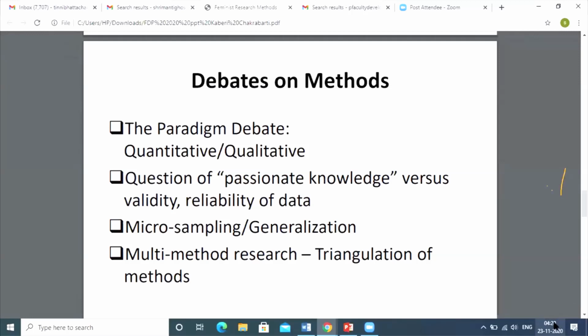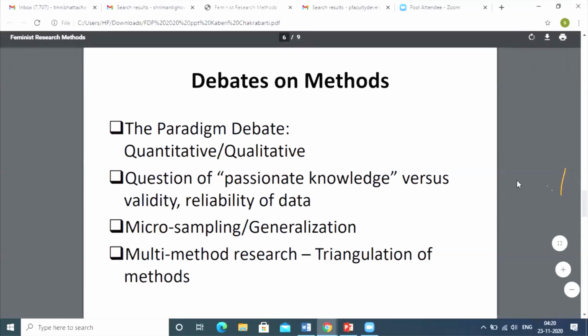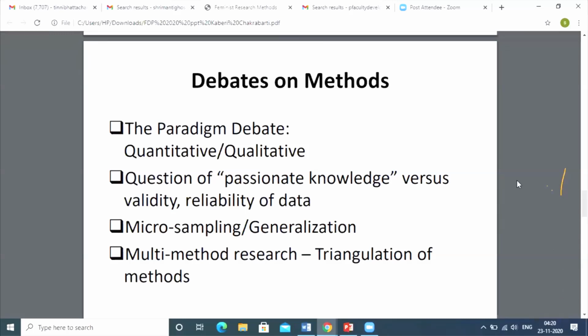But negotiation is a very important subject matter of feminist research method: how to come out of this binary of public, private, rational, intuitive, objective, subjective. And these are sourced from ideological, methodological positions. So qualitative analysis and methods are more popular in feminist research, but quantitative methods are actually supplementing the qualitative methods in understanding the differences, the sameness, these issues.